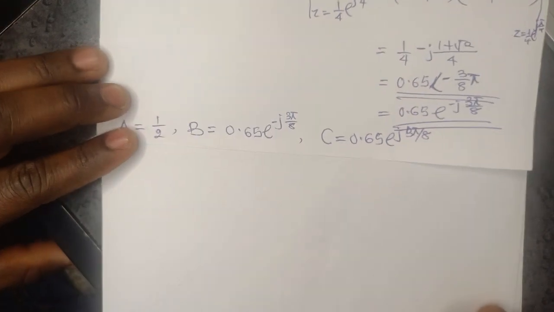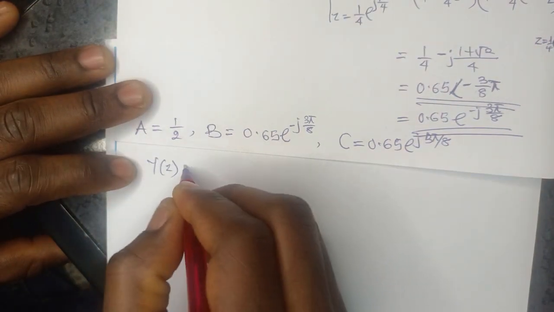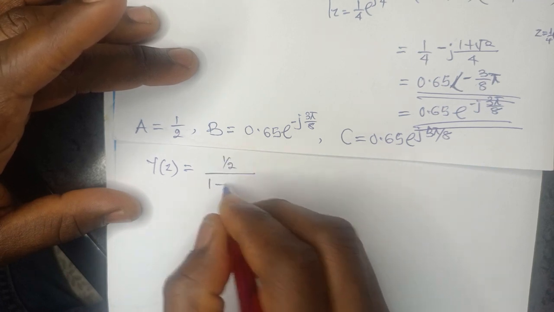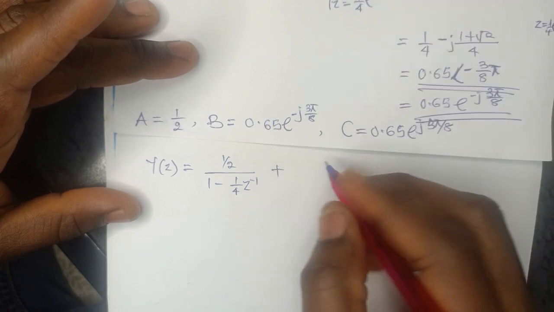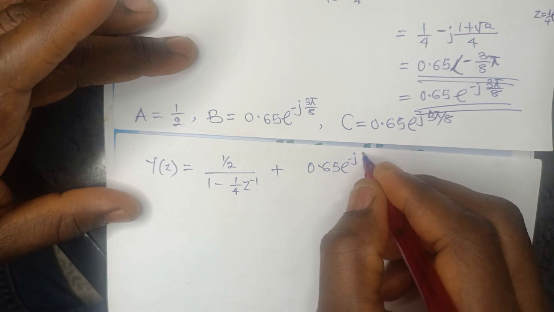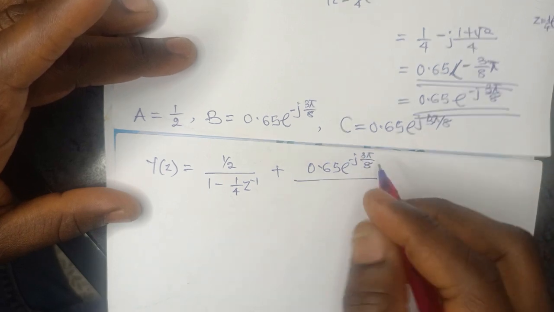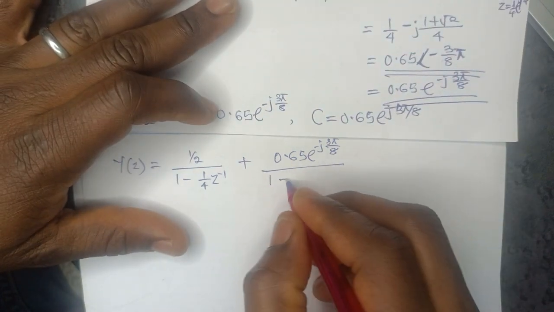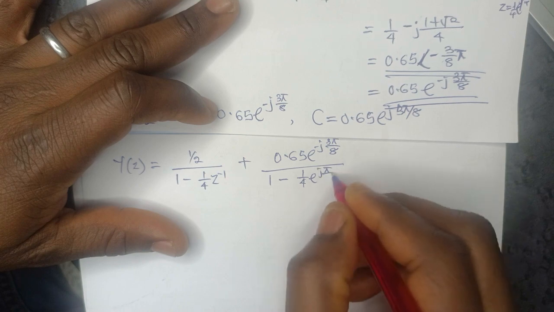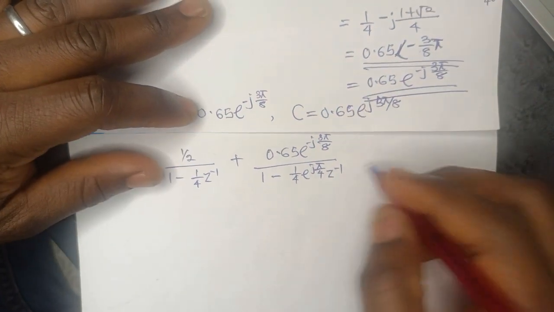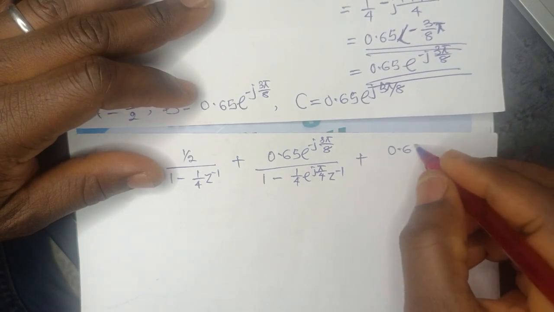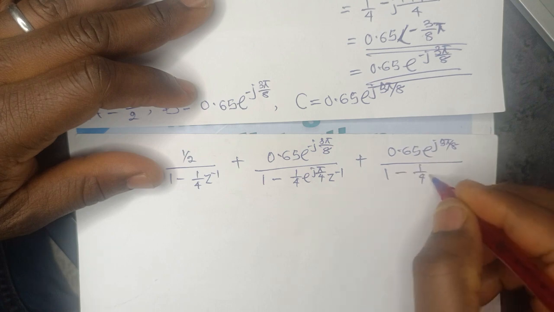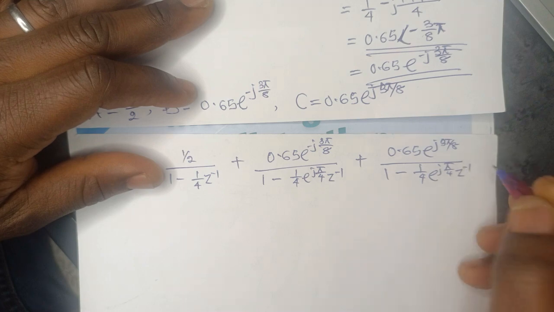So what is Y(z)? Our Y(z) at this point is A all over 1 minus 1 over 4 z to the power minus 1, plus B, 0.65 e raised to power minus j 3 pi all over 8, all over 1 minus 1 all over 4 e raised to power j pi all over 4 z to the power minus 1, then plus C, 0.65 e raised to power plus j 3 pi all over 8, all over 1 minus 1 all over 4 e raised to power minus j pi all over 4 z to the power minus 1.